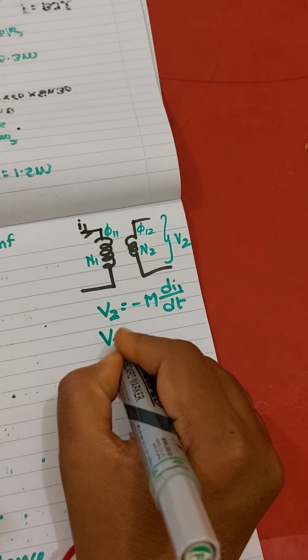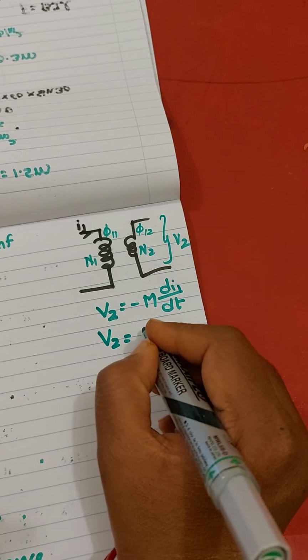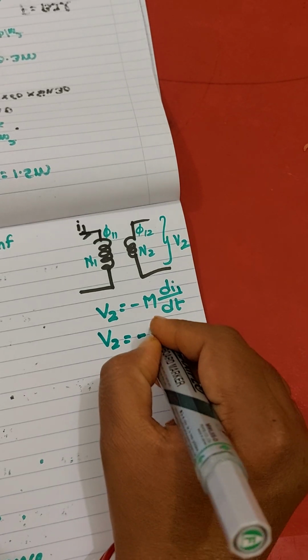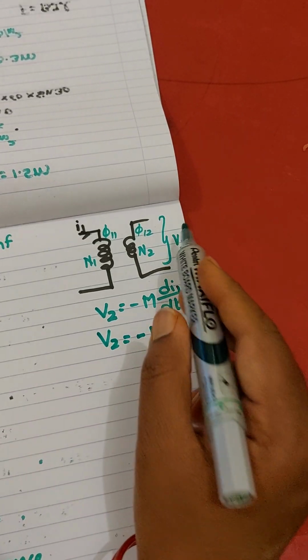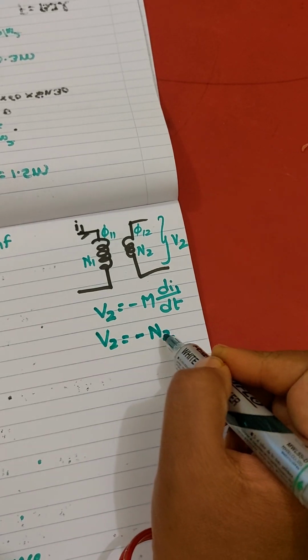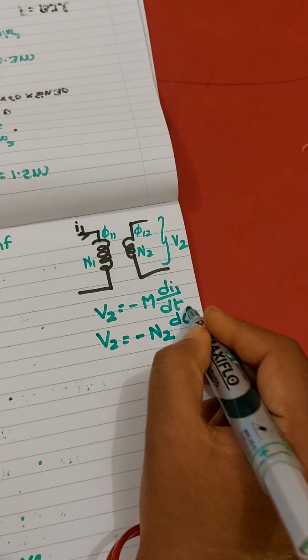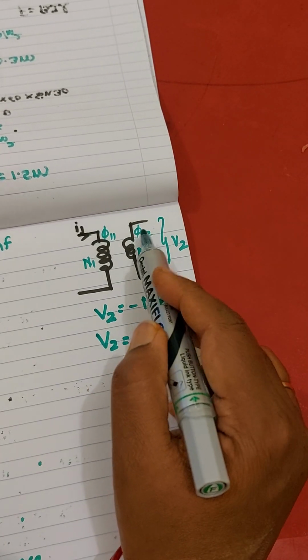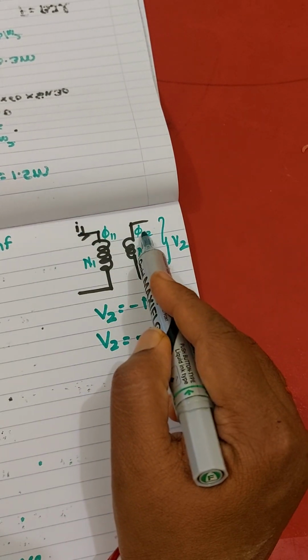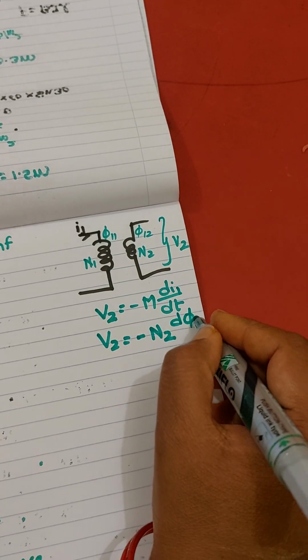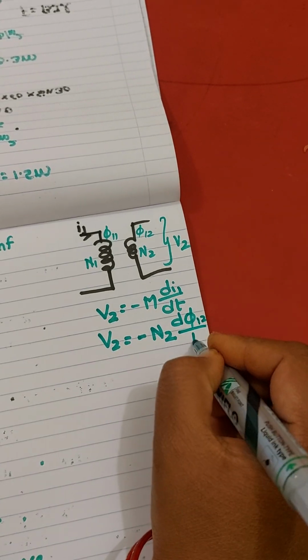In the same way, I can write V2 is equal to minus N2, the number of turns in the second coil, because the output belongs to the second coil, with the change of flux. The flux in the second coil due to current 1 is phi12, so minus N2 d phi12 by dt.